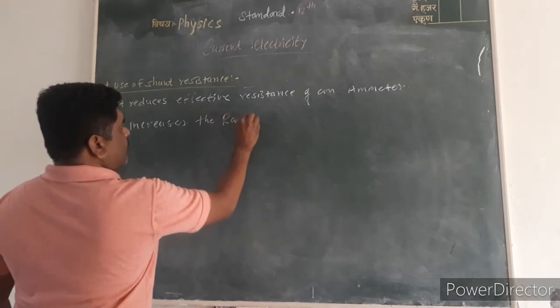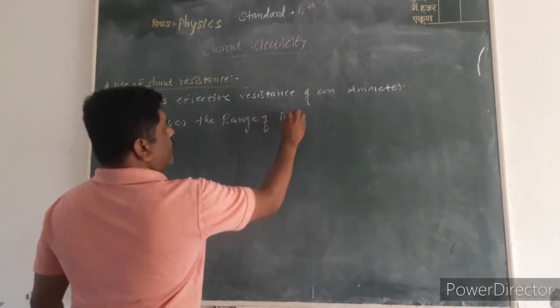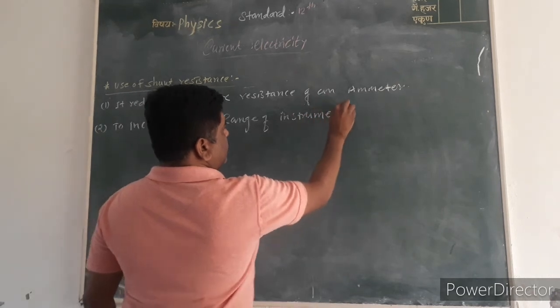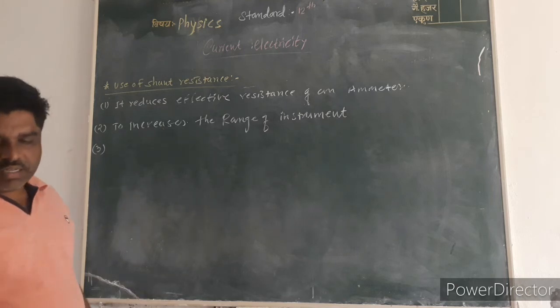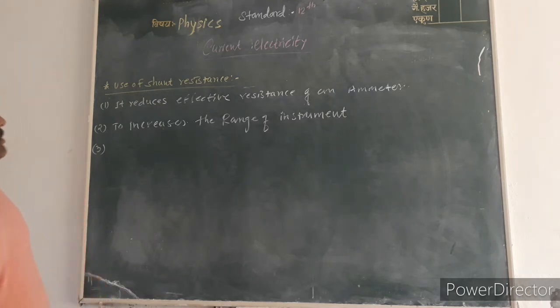The third function or use of that shunt is to provide an alternate path for excess electric current, and also to protect the galvanometer from damage.